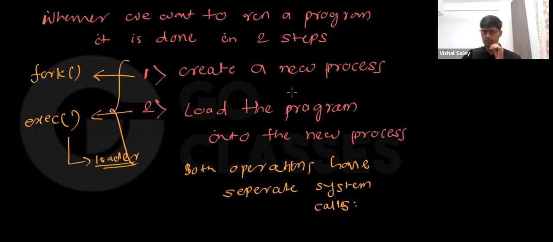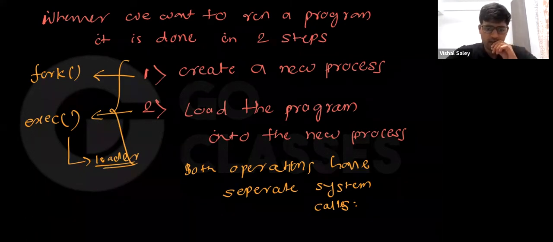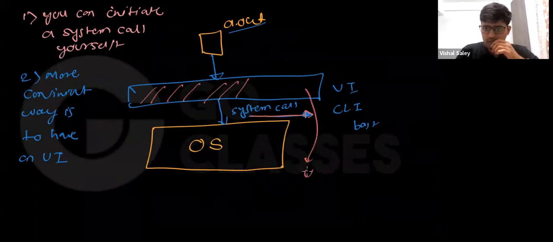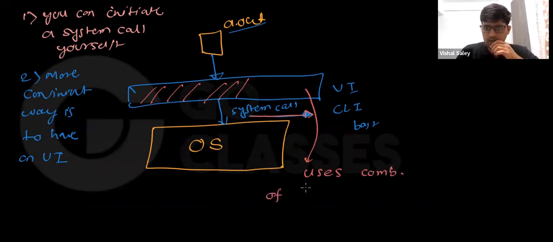So these two system calls will be used by your UI, which uses a combination of fork and exec to run a.out.